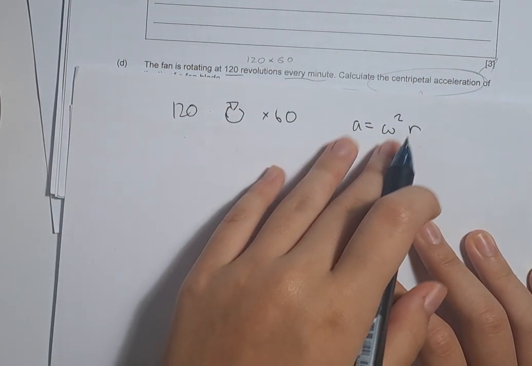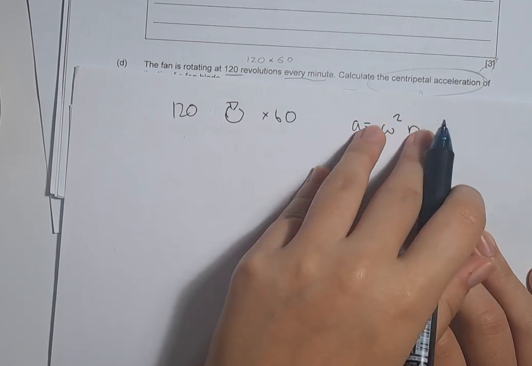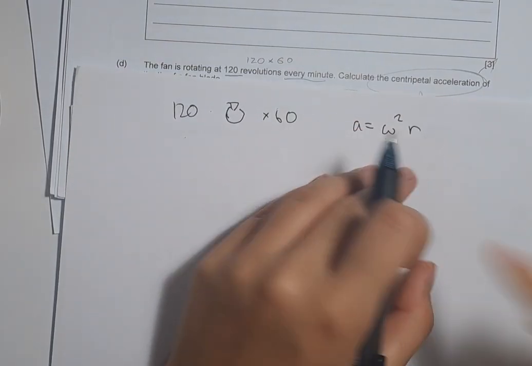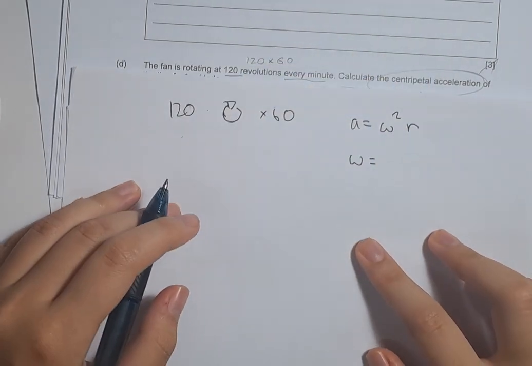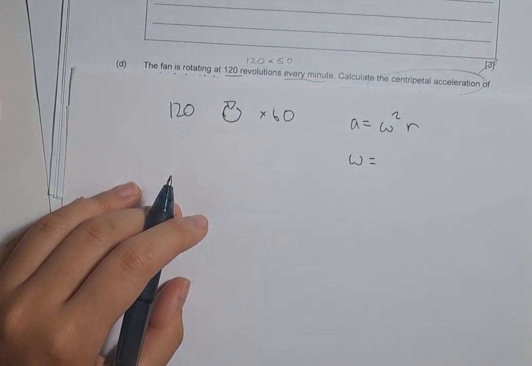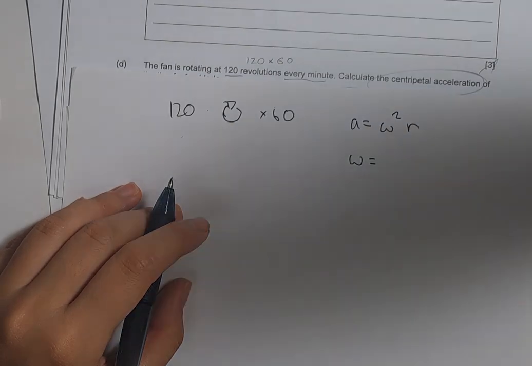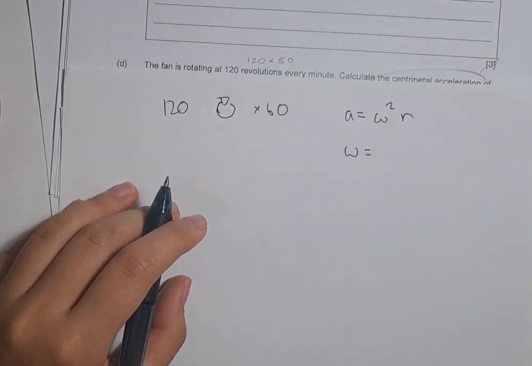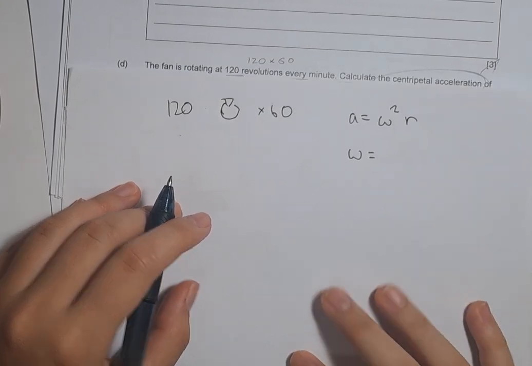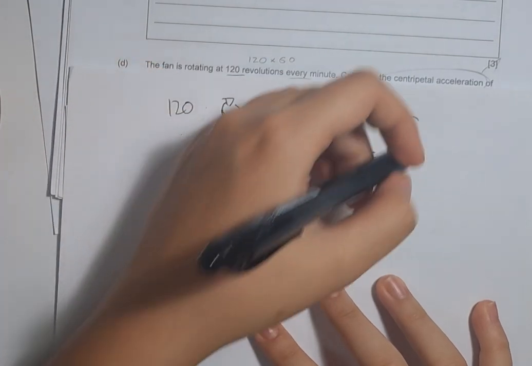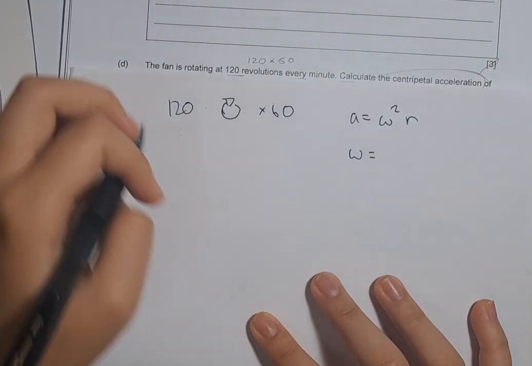Omega squared times the radius r, and omega is the angular speed in this instance. Because it's in radians, right?